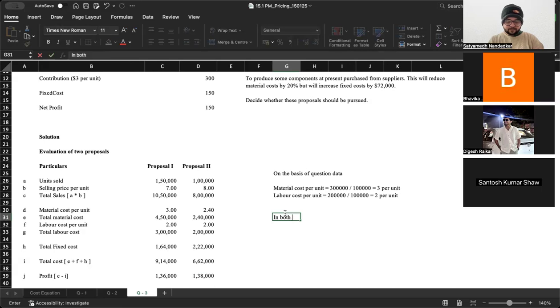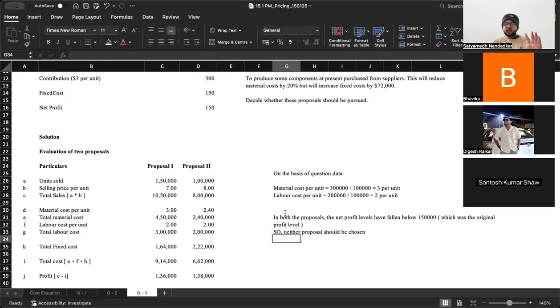In both the proposals, the net profit levels have fallen below 1,50,000, which was the original profit level. So neither proposal should be chosen. दोनों में से एक भी proposal doesn't make sense.